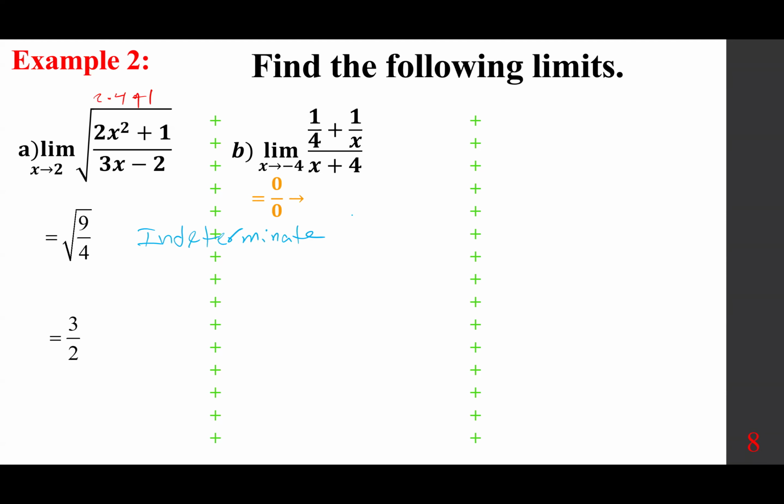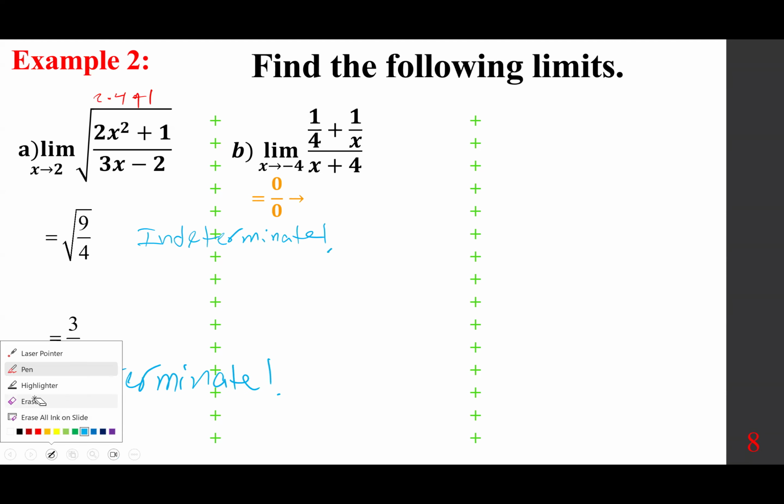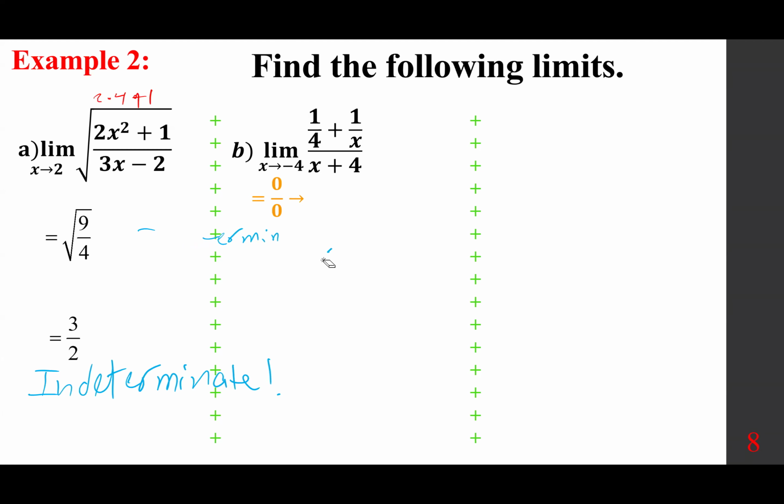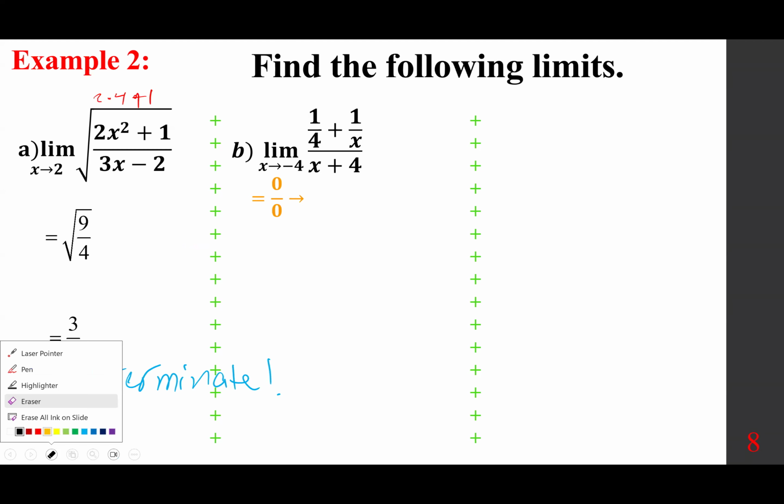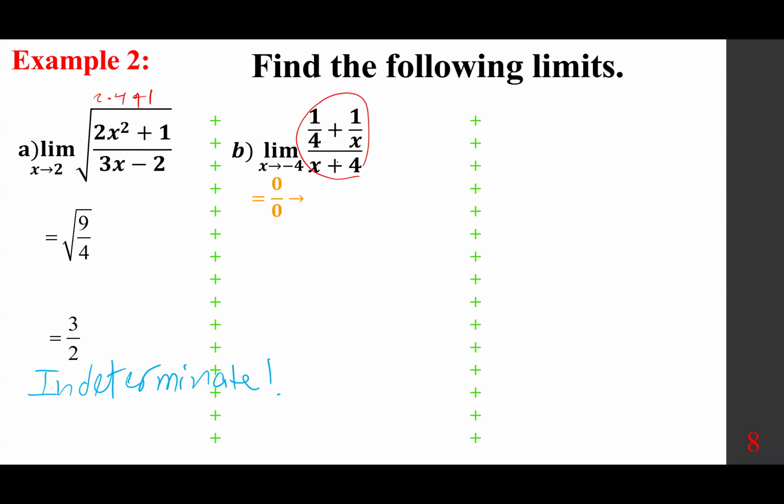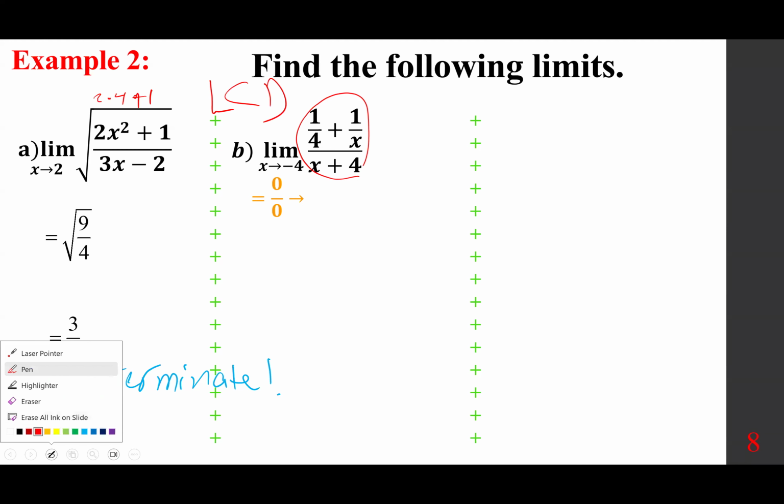Let's just write down indeterminate form here so I can keep it. Indeterminate form requires your algebraic technique. And because this is a complex fraction, you need the LCD, the least common denominator.